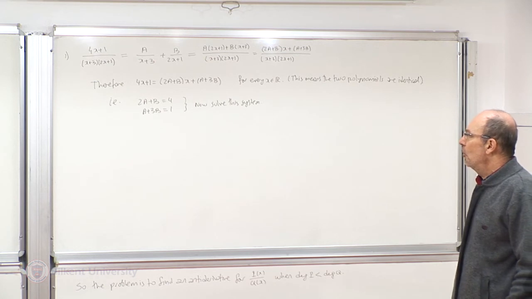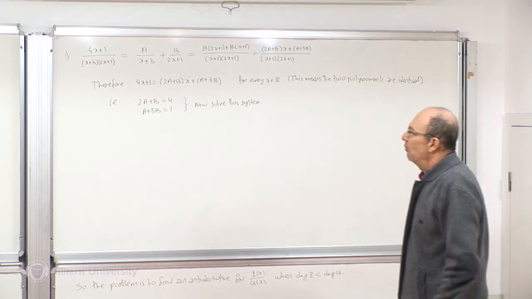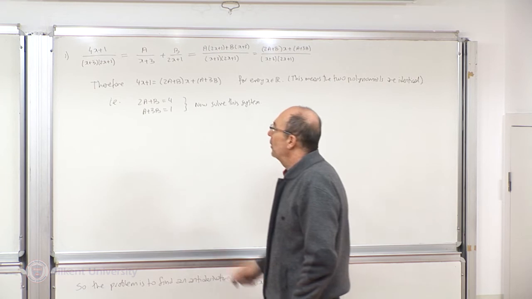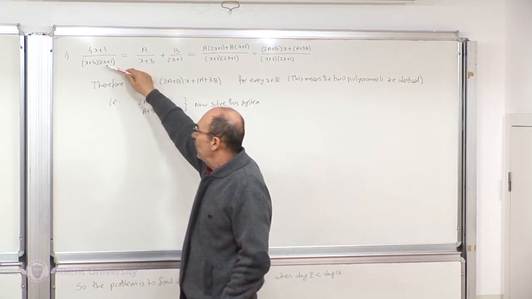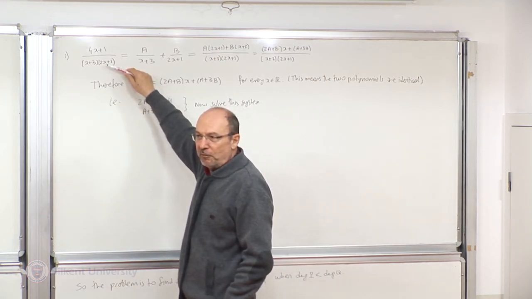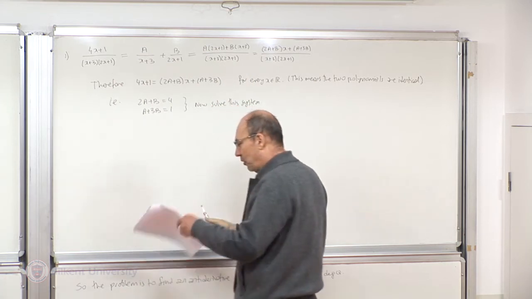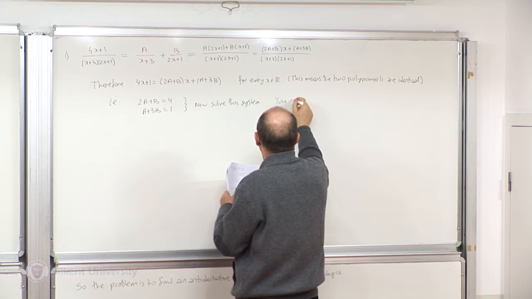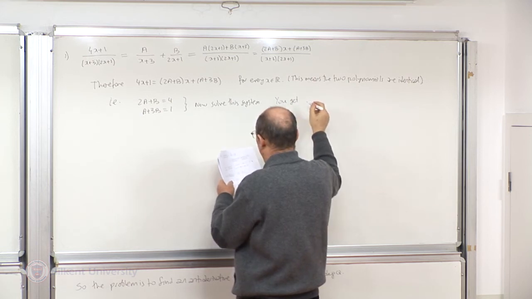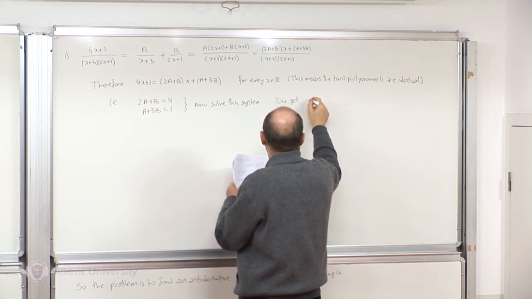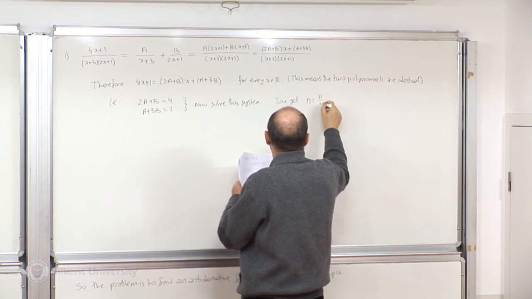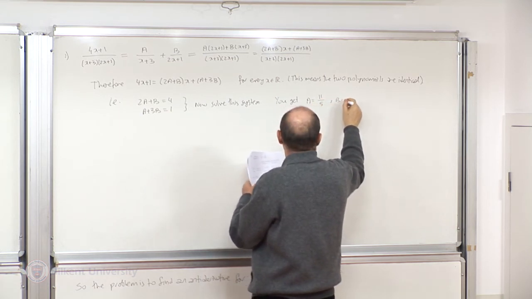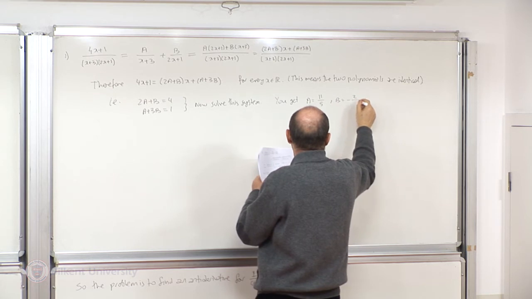With a computer, almost every software has a command. You give this rational function and say convert this to partial fractions, and you immediately get the following. So what did I find? a is equal to 11/5 and b is equal to -2/5.